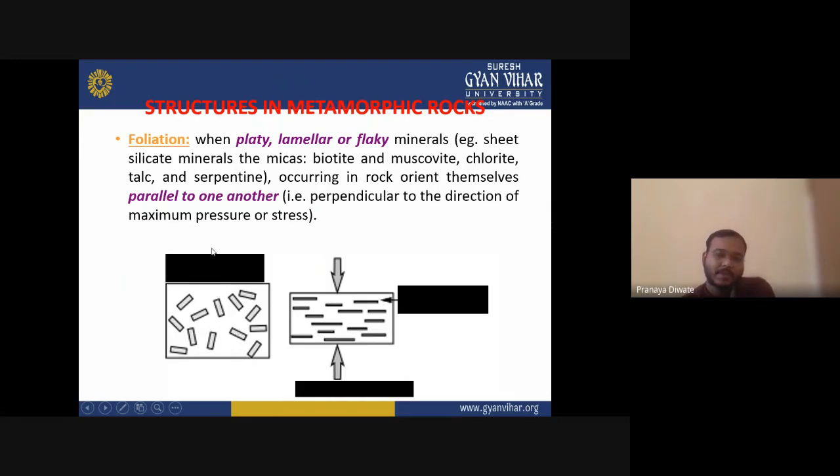What happens when you apply pressure from both sides? When you apply the pressure from this side, your minerals get elongated. This is how your foliation occurs.